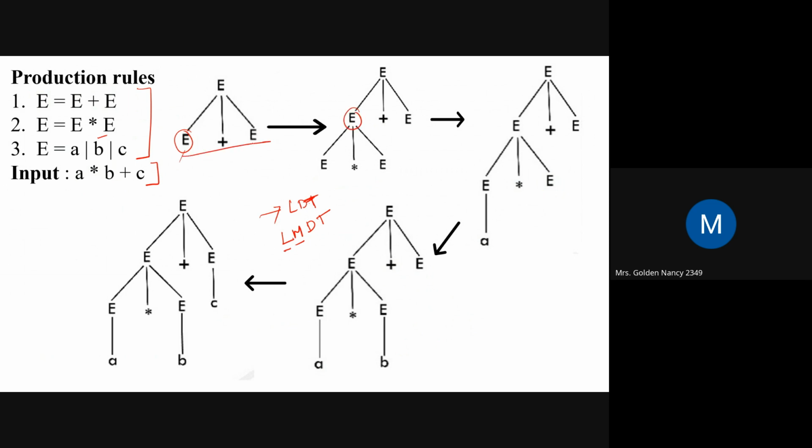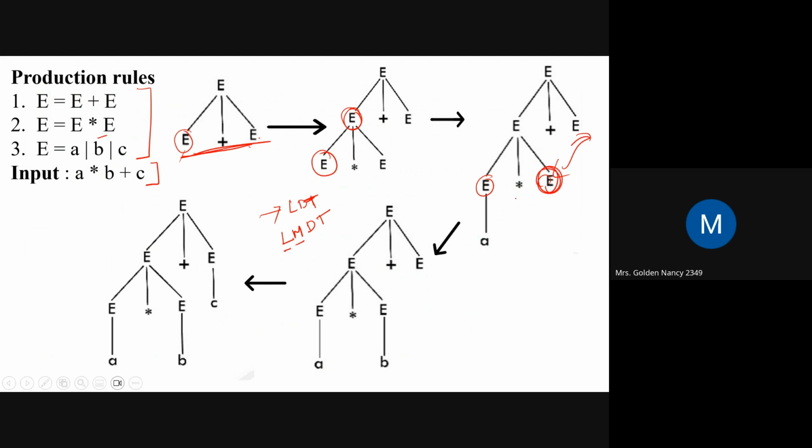Just see here, there are two non-terminals, capital E and capital E. From this I'm choosing the leftmost to derive the tree. Here also I have chosen the leftmost. Once this reaches the terminal point, then I use the next leftmost. Out of these two non-terminals, I'm using the leftmost one.